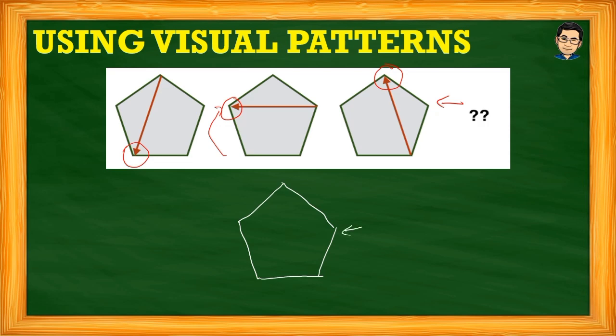Siyempre, dito siya. Yan po yung ating fourth figure. Di ba, napakadali lang naman ng visual patterns. Wala naman tayong ina-apply na algebra dyan. Pure observation lang. Patterns lang ang ating kailangan.